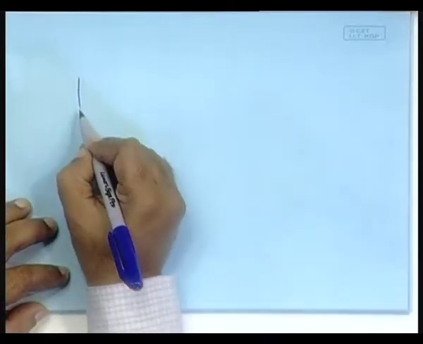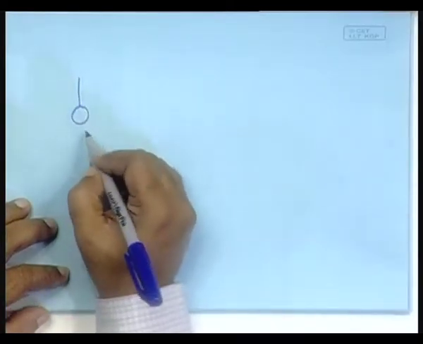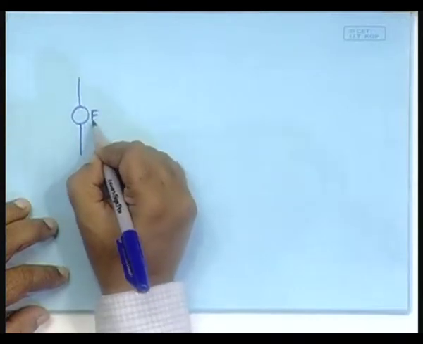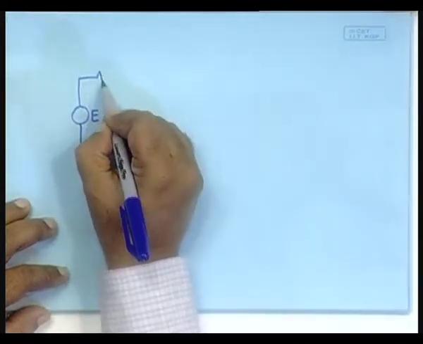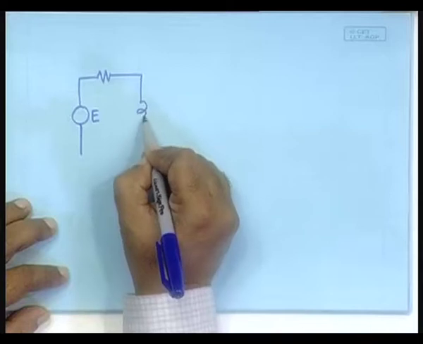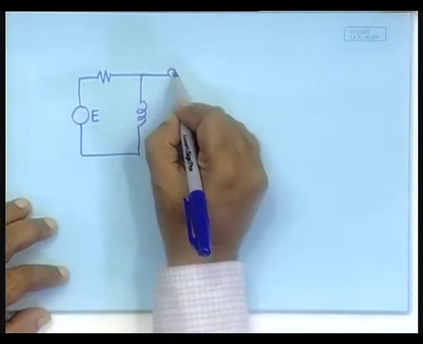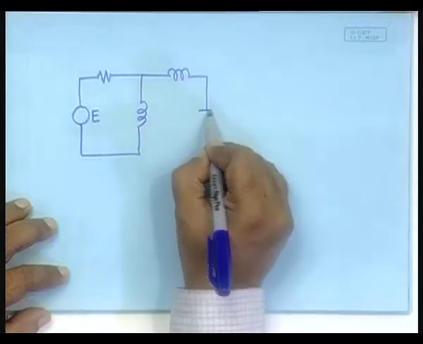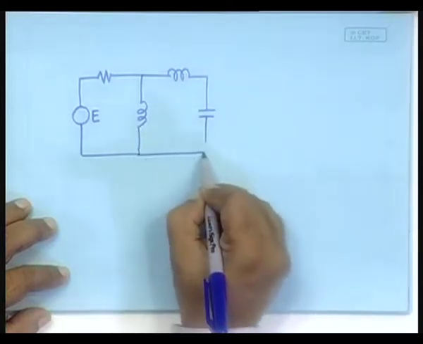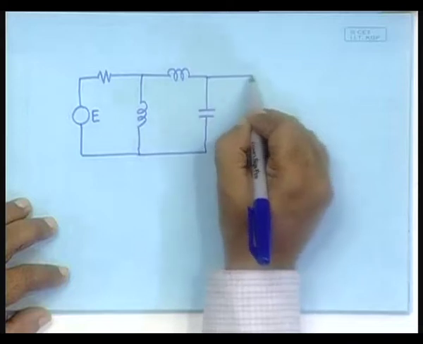Another example to get us familiar with it, suppose there is a source of effort connected to a resistor, connected to an inductor, connected to another inductor, connected to a capacitor, connected to a resistor.